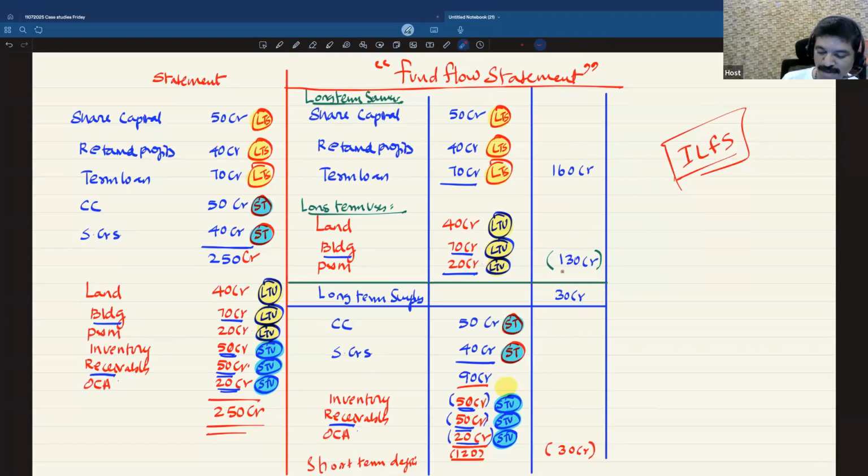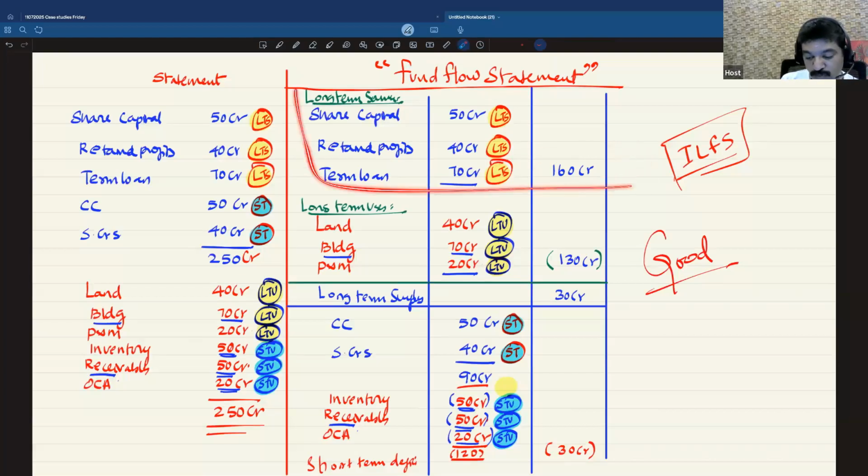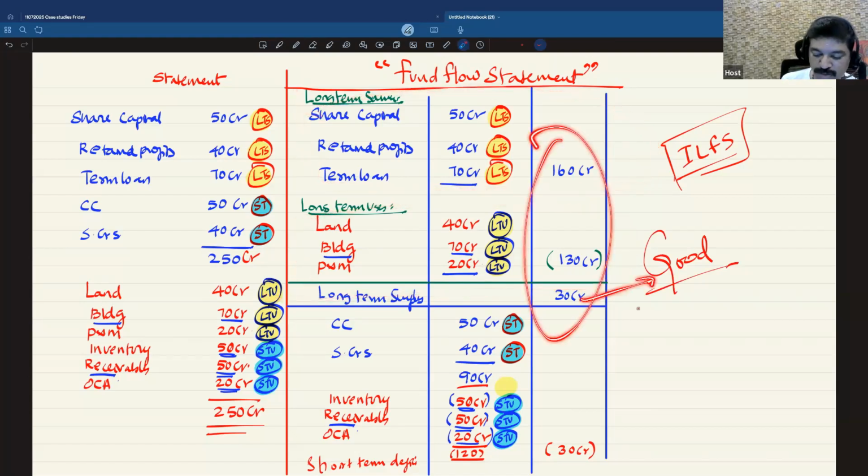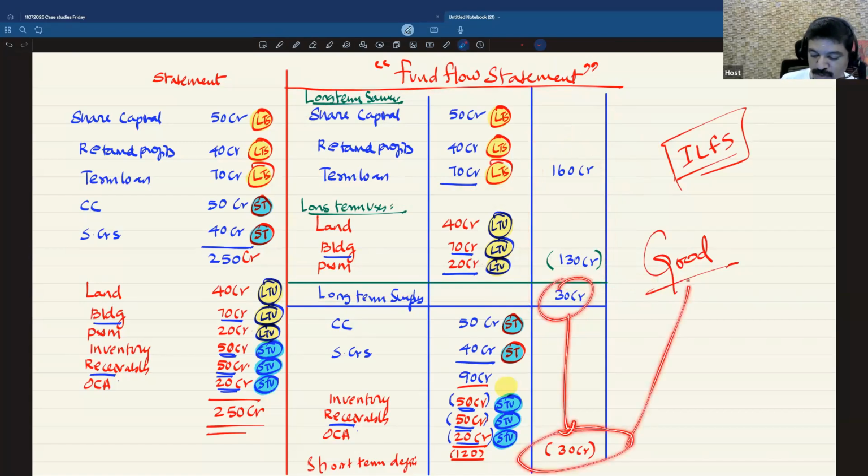See here, you didn't find anything wrong because everything was good. They brought in 160 crore long-term funds and they've used only 130 crore long-term use. They had a surplus of 30 crore, which is good. And that surplus they have used for supporting their working capital. That is also good.